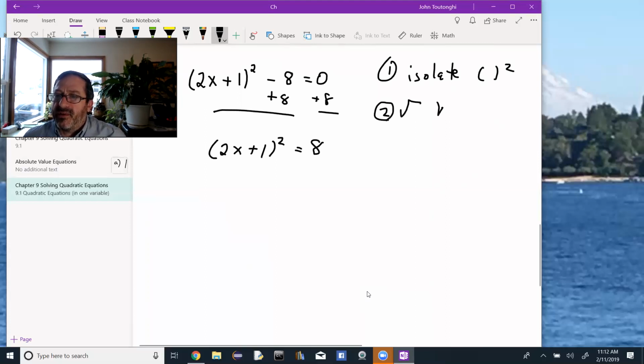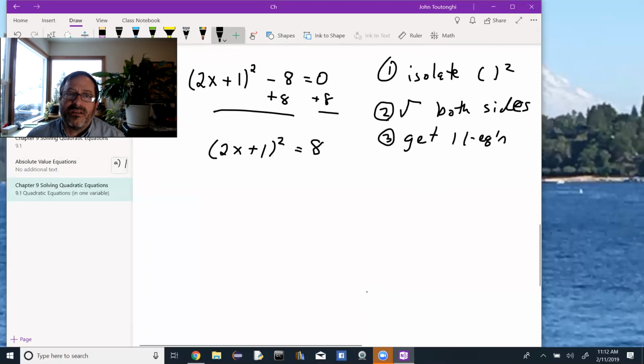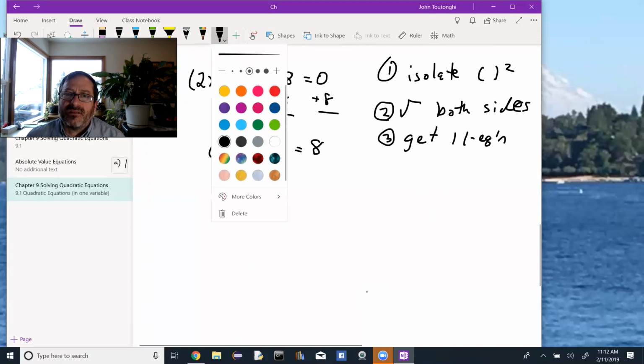So then we can square root both sides, which will create an absolute value equation. Those two vertical bars are absolute values. Okay, so square root both sides.